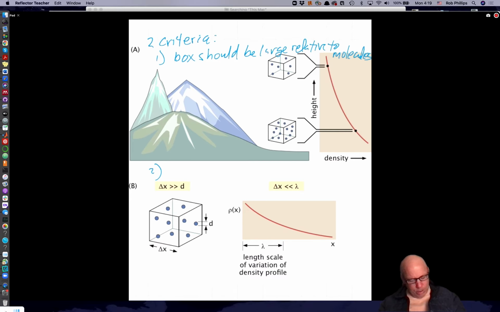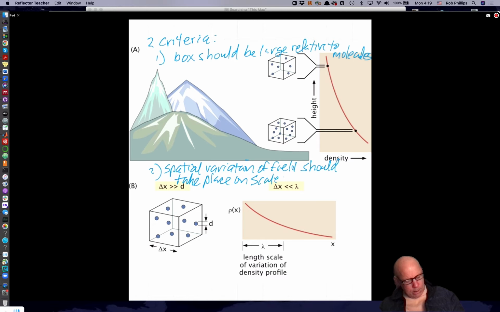Criterion number two is that the spatial variation of the field should take place on length scales much greater than the box size.